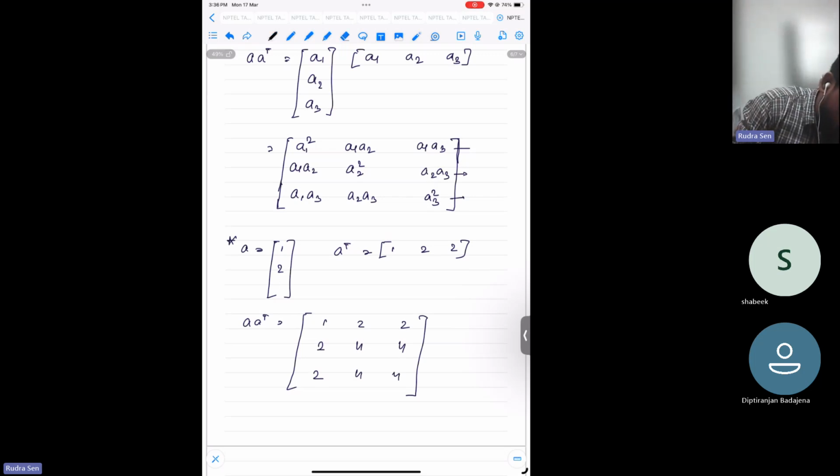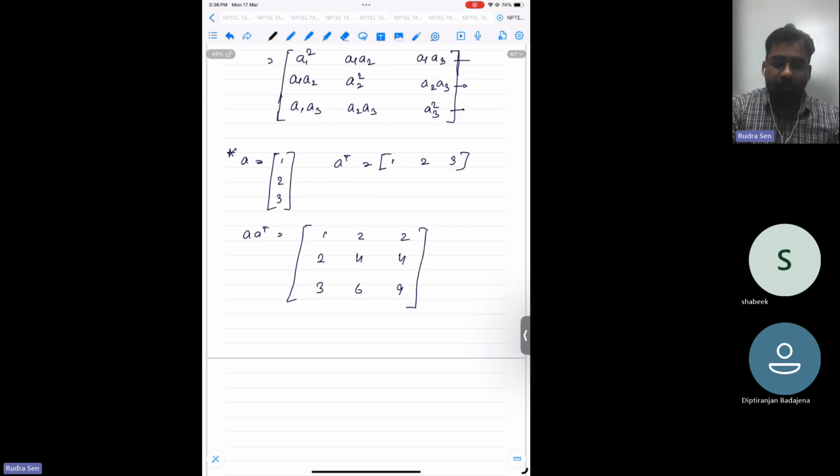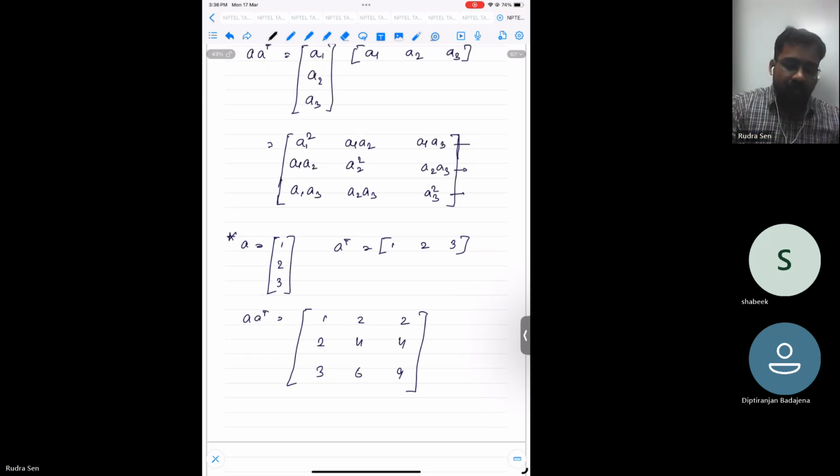Instead of 2, if you put 3, or any number, you get 3, 6, 9, right? So every time you can eliminate the other two rows, and we will definitely get a rank 1 matrix. Is it clear to everyone how the rank of this matrix is always 1?